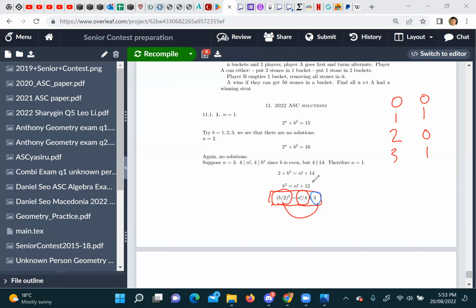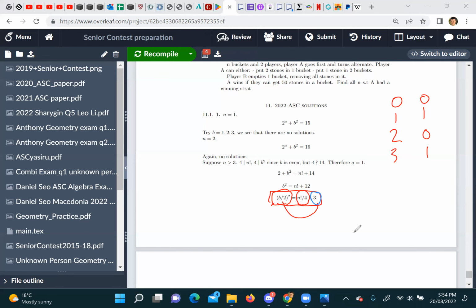The whole point is something squared equals 3 mod 4, right? So that something happens to be b over 2, but we don't really care about that. We just mainly care something squared equals 3 mod 4, yeah? But nothing squares to 3 mod 4, right? So that means that you can't have n factorial over 4 be divisible by 4, you know?